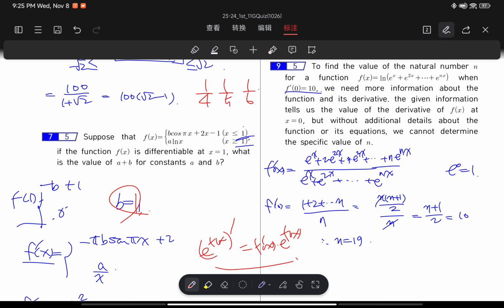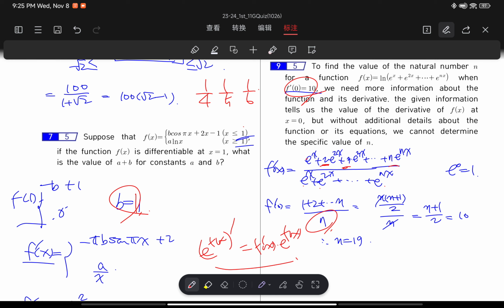So put in x equal to 0, e to the 0 equals 1, then here's 1 plus 1, n times.